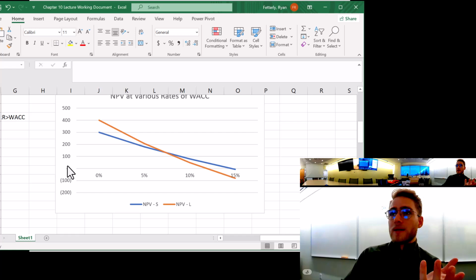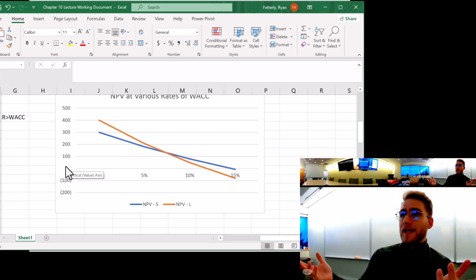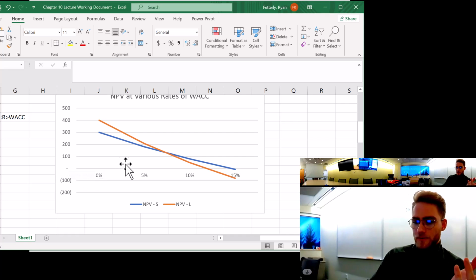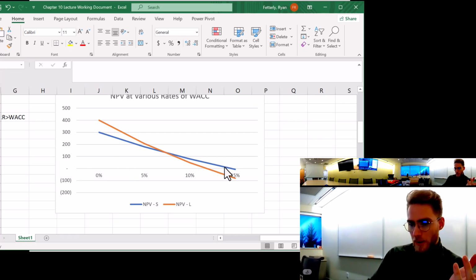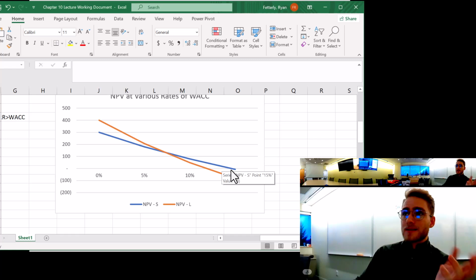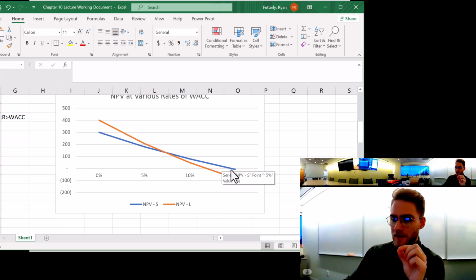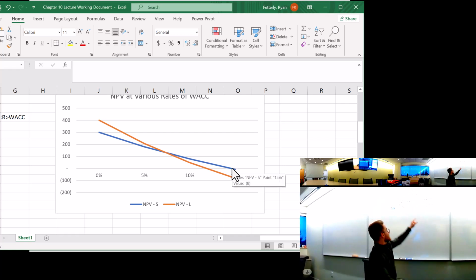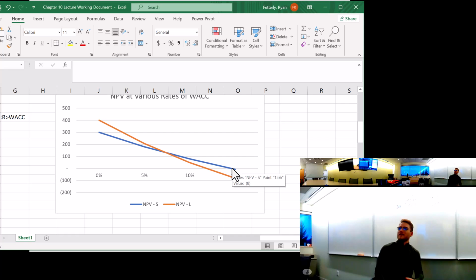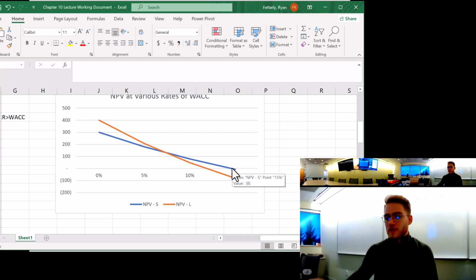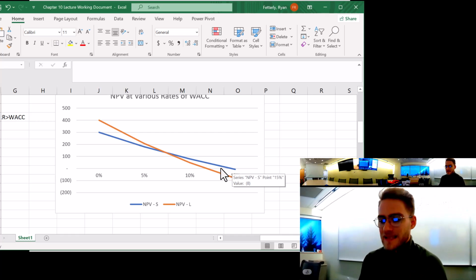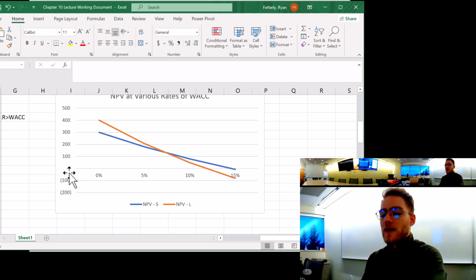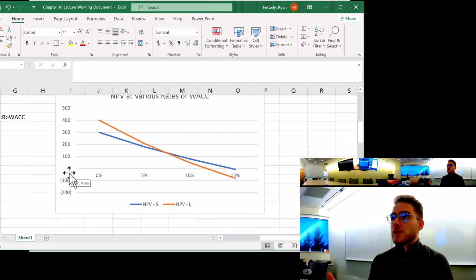So in theory, when the net present value of the project is 0, I should get my internal rate of return, and I do. So where project S crosses the x-axis here, this is actually at a rate of 14.5%. And that is my internal rate of return, as I stated up here, right? So this therefore proves my internal rate of return, right, it occurs exactly when the net present value of my project is equal to 0, okay?